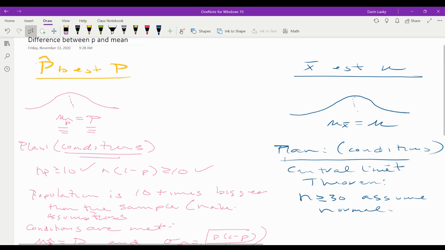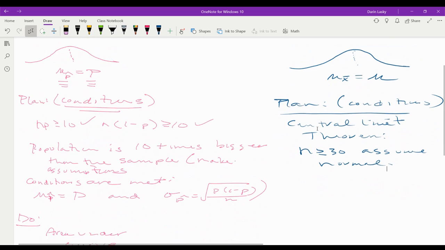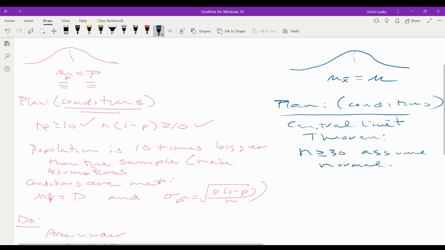Now, if these conditions are met, that gives us the opportunity to state two things.